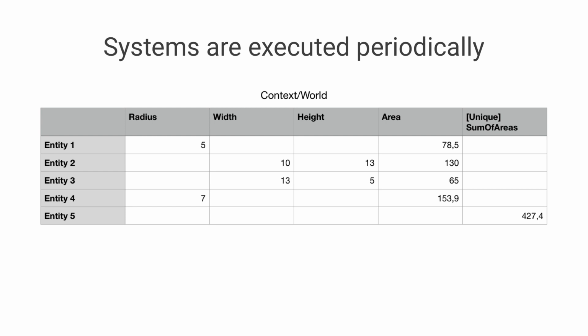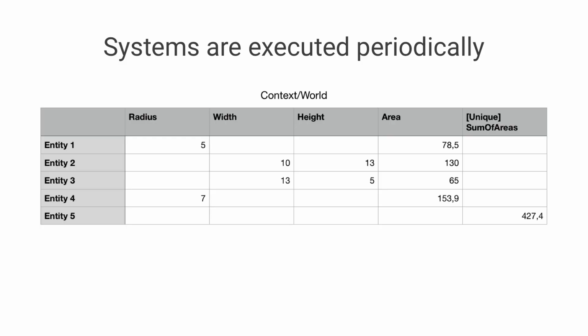So what about this system thing? In ECS, systems are executed periodically. As we designed the systems, we said, okay, give me all the radius, and I will compute the area. And then we say we would like to execute it every frame, so 60 times per second. Meaning that we will be recomputing the area 60 times per second, which you can actually do.